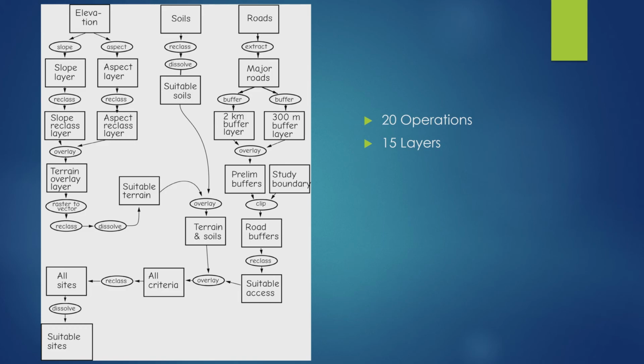We find the major roads, and we do some buffers and come up with those areas that are within a certain distance of the road, but not too far away from the road. That's what this was about. It has to be within 2 kilometers, but more than 300 meters. And then we combine all those in an overlay, and we get our suitable sites.